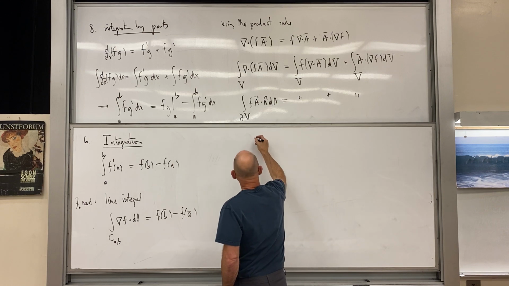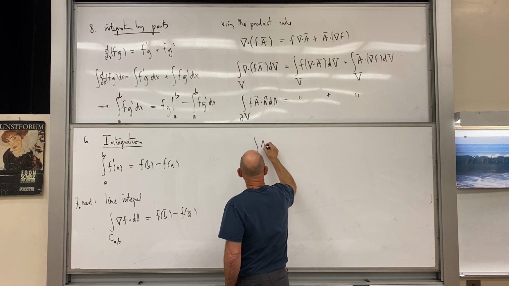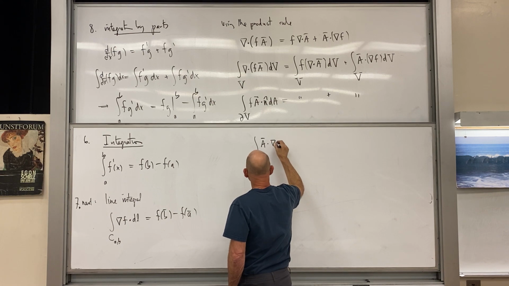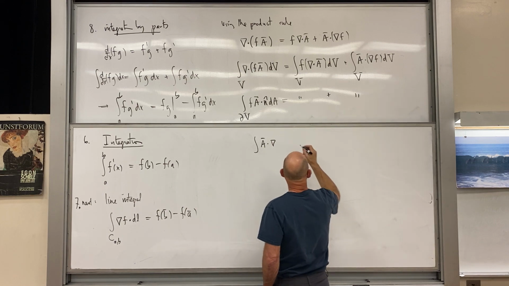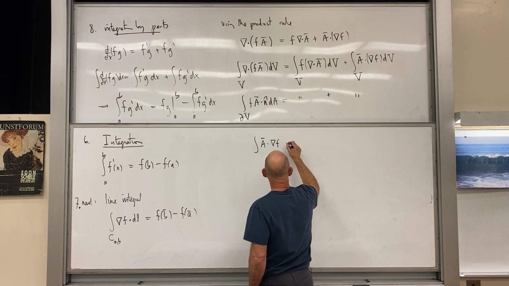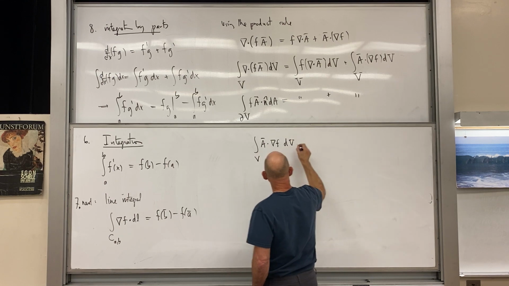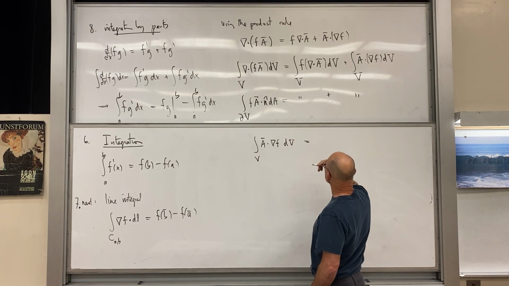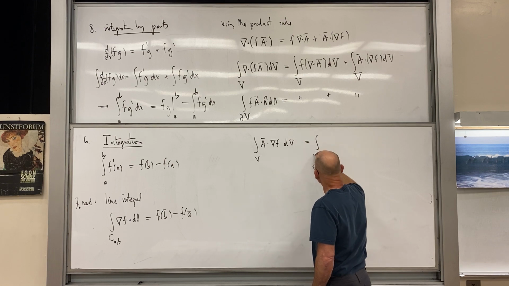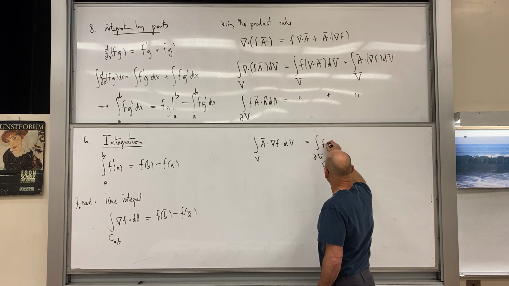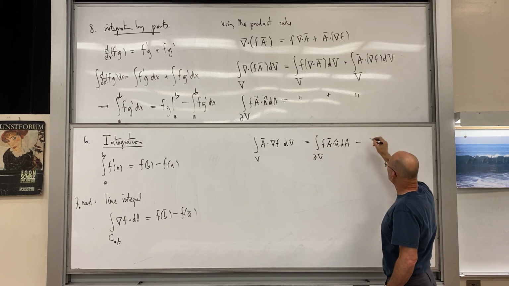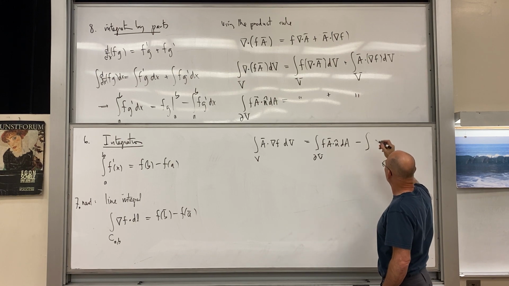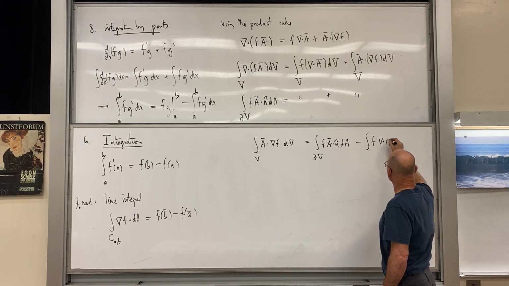So we will have the integral of a dot gradient f dV is equal to the boundary term, the integral of f a dot n hat dA, minus the integral of f divergence a dV.